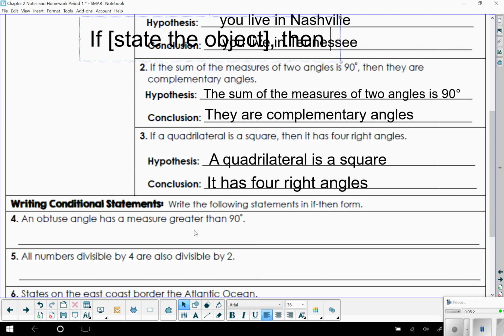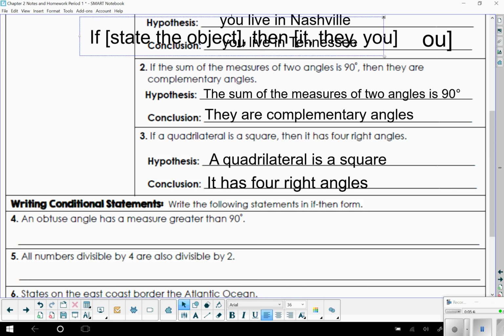By stating the object in the beginning, you can then say it, or they, mostly it, to be honest. Anything that's a pronoun, okay?